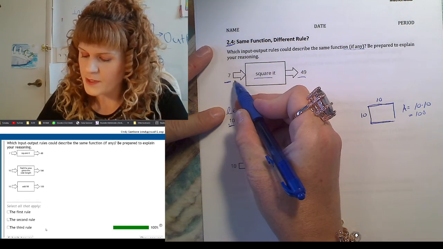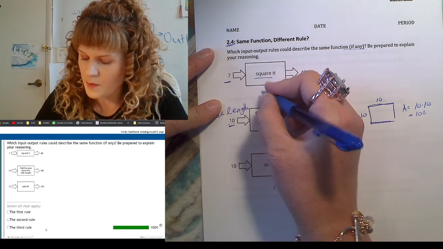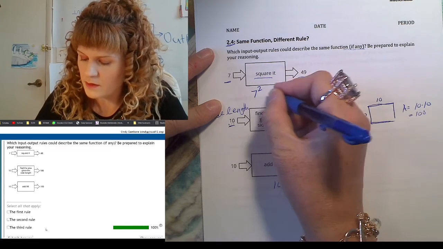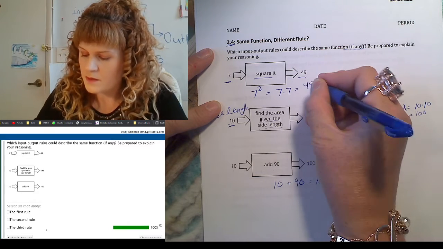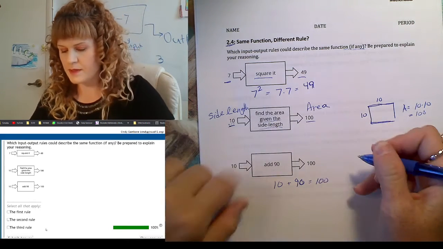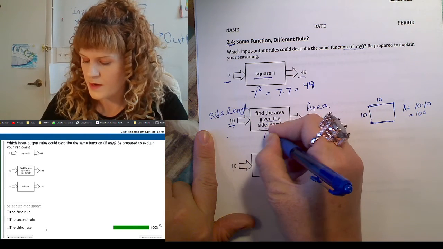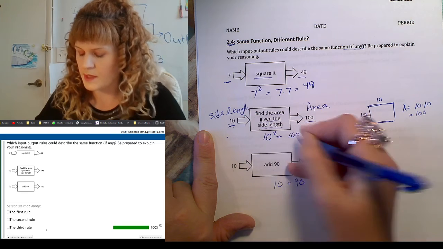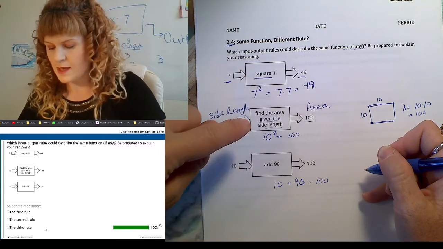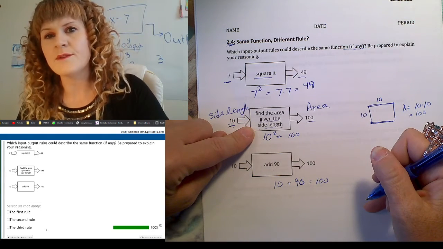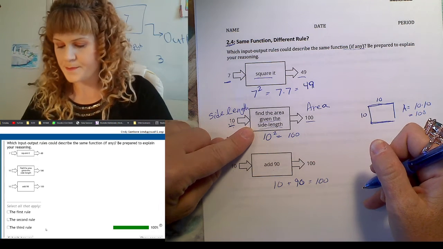Because in the top input-output diagram, 7, and then square it, that's 7 squared, or 7 times 7 equals 49. Well, that's similar to this one. They took the input 10 and squared it. 10 squared equals 100. So this input-output rule is the same as this input-output rule if you're talking about squares and positive numbers.